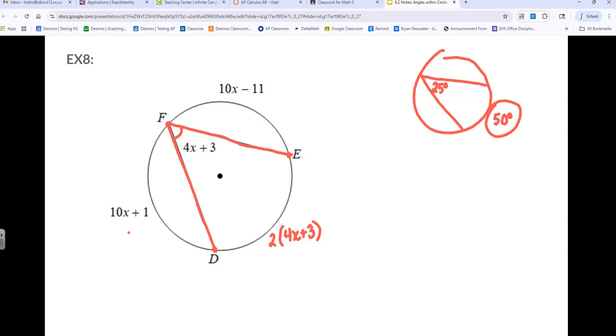No. In fact, I would kind of know they're not, because you got 10x for both of them, and one of them's 10x plus 1, and one of them's 10x minus 11, so they can't be the same. So that won't work for this.